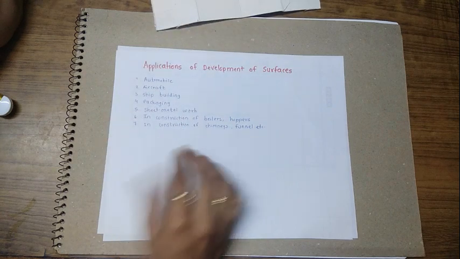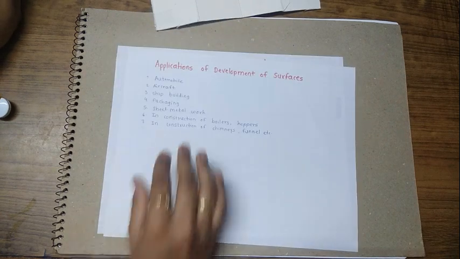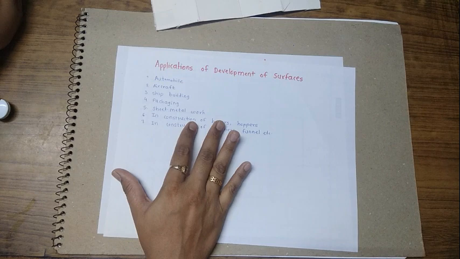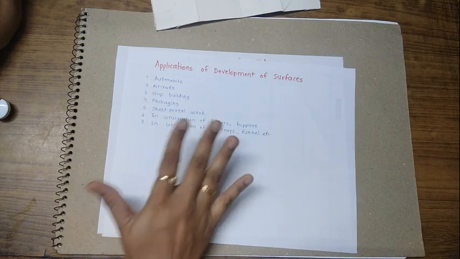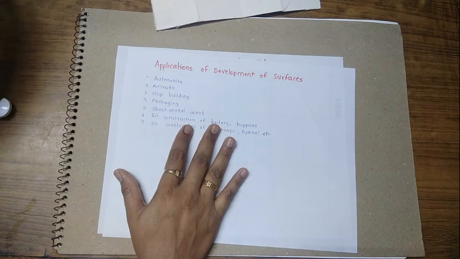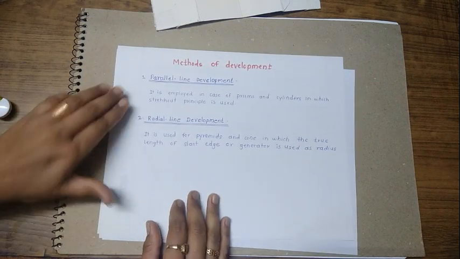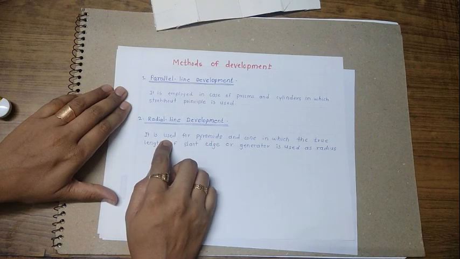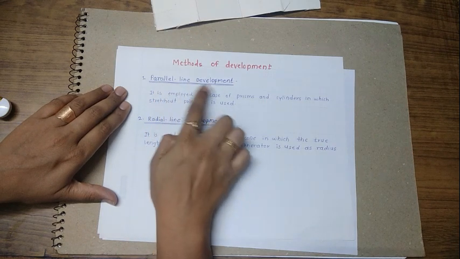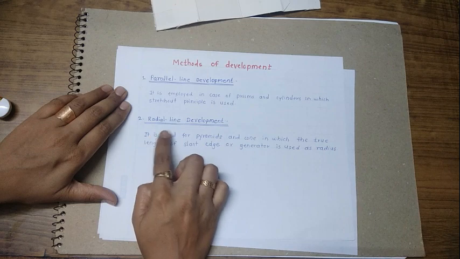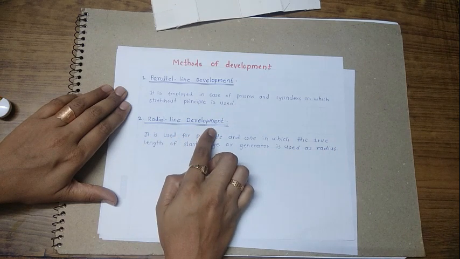So in this unit, we are going to focus on the method of development and the development of lateral surfaces of right solids. Basically, when you go through the methods of development, you will find that there are two methods. One is known as parallel line development and another is known as radial line development.